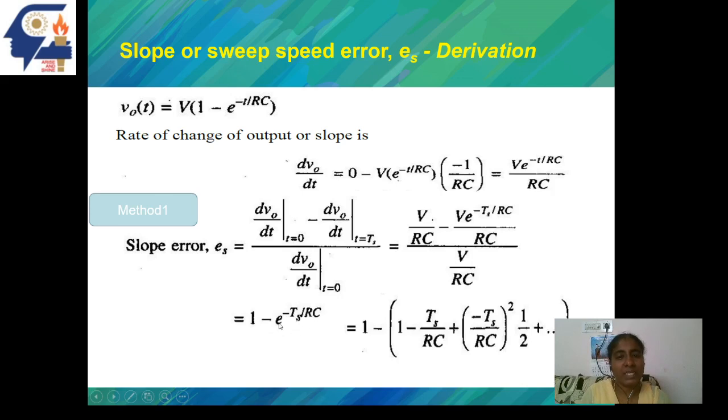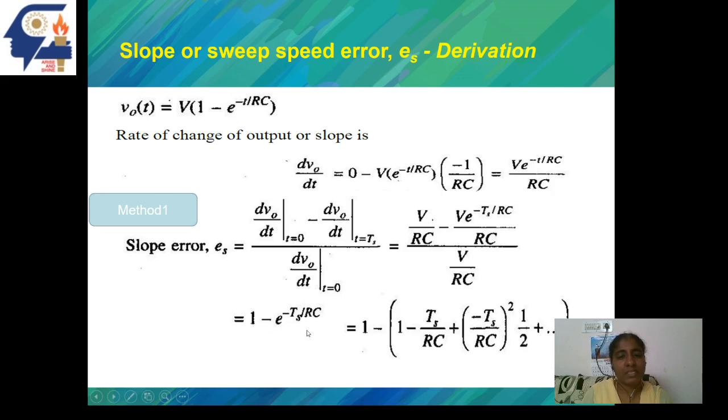If we expand e power minus x, it becomes 1 minus x plus x square by 2 plus x cube by 3, and so on. Higher order terms can be neglected, as the value is small and they do not have much effect.